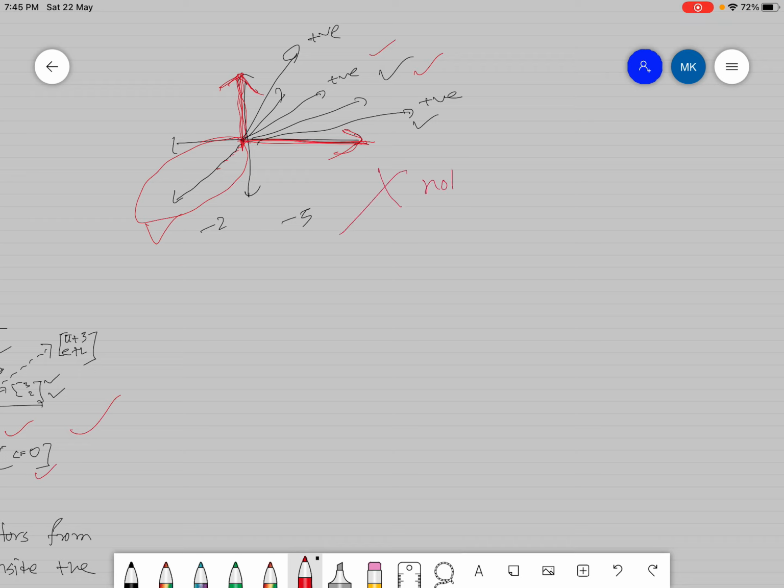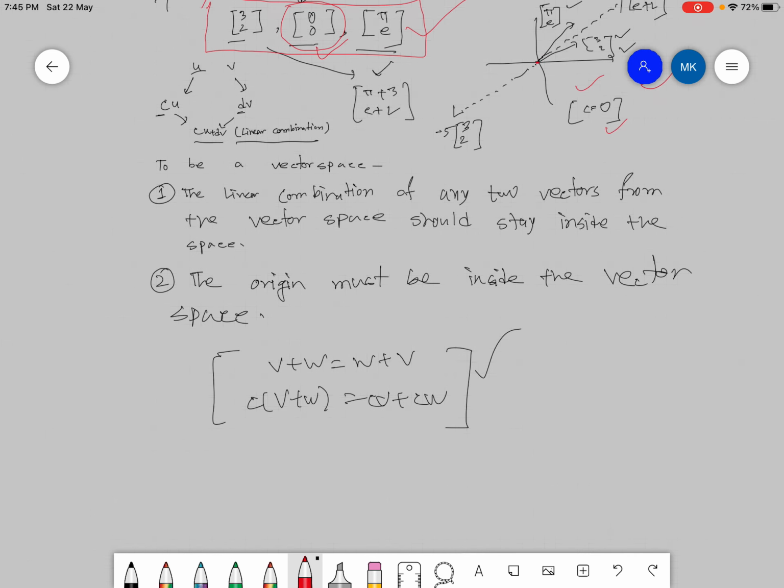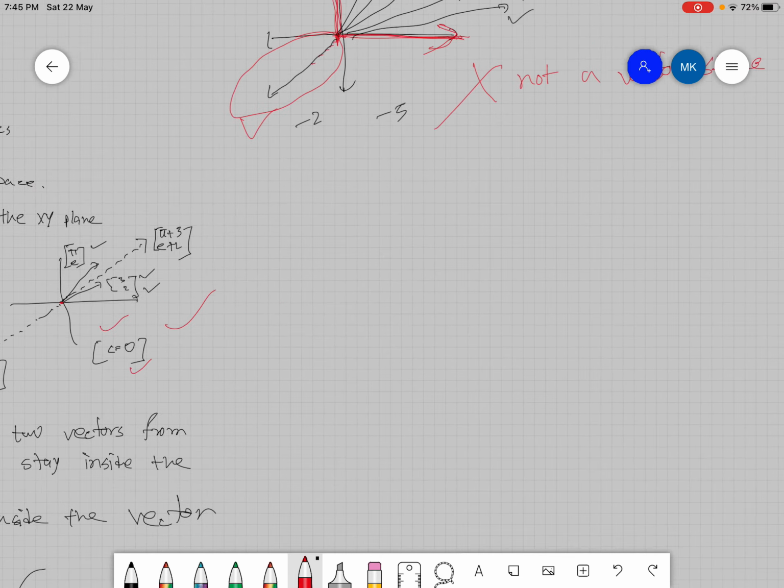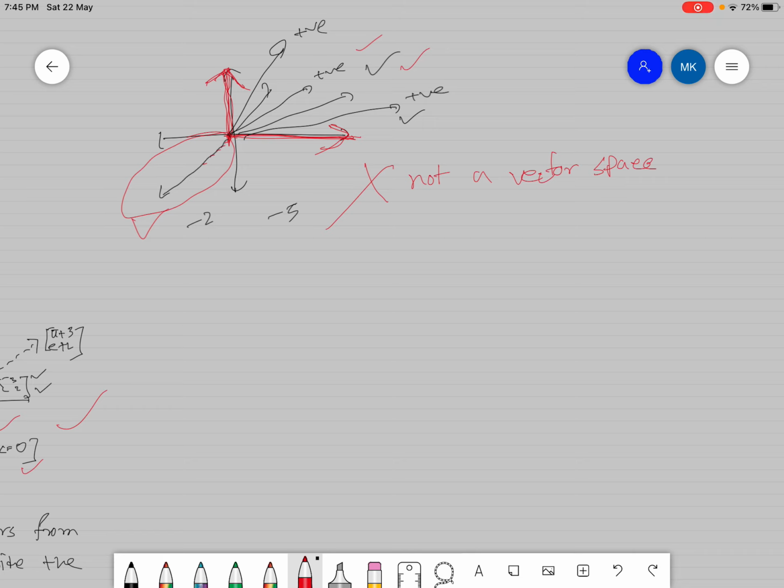So this is not a vector space, all right. So this violates the first rule. The linear combination of any two vectors from the vector space should stay inside that space. As I showed, if you scale by a negative factor, that linear combination does not stay in the same space. So that is a violation of the characteristic of a vector space.